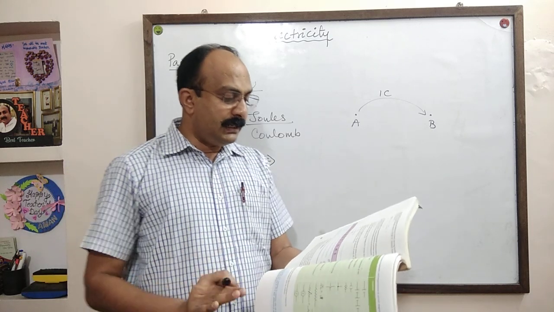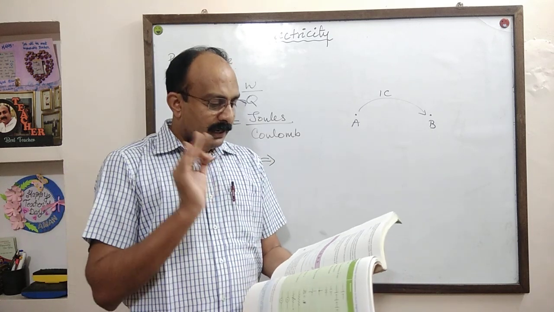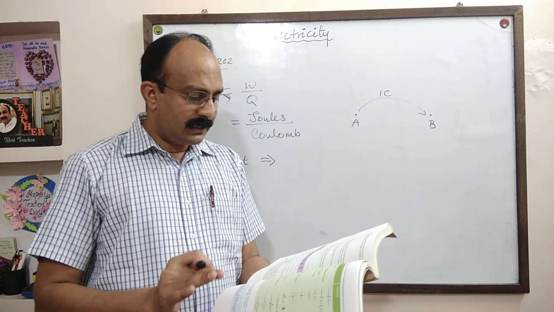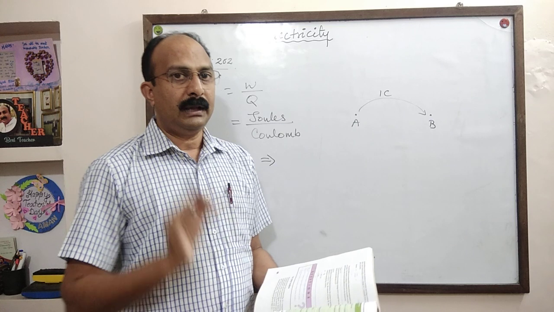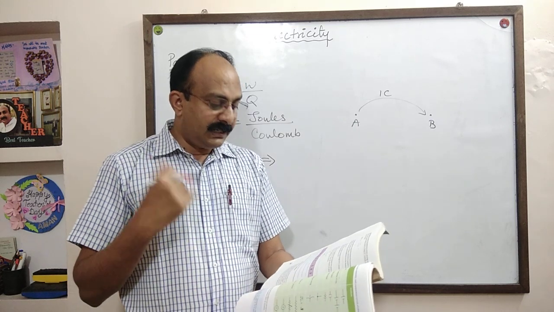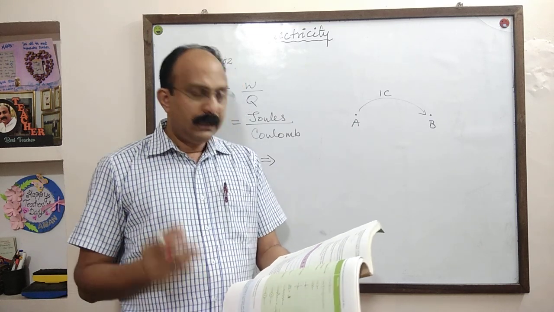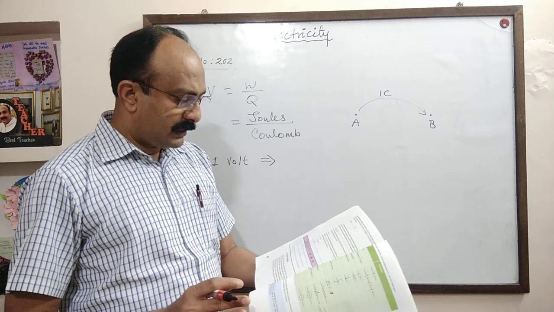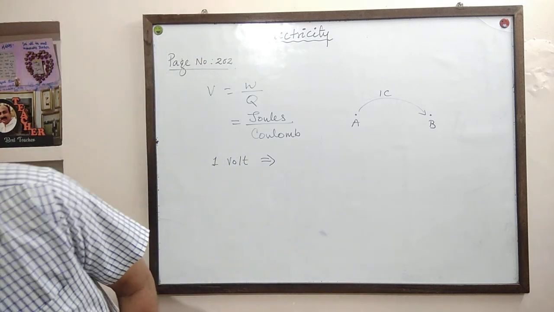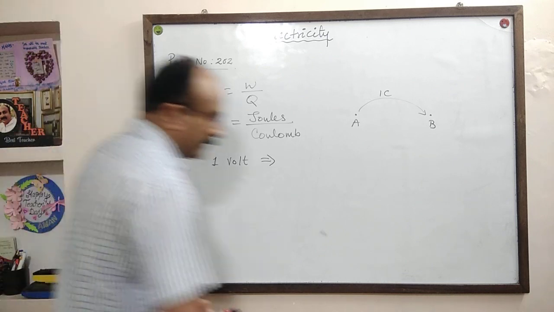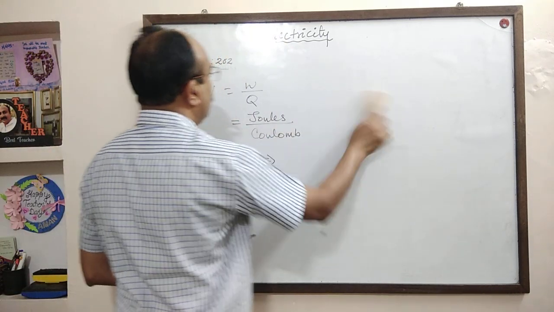How much energy is given to each coulomb of charge passing through a 6 volt battery? I repeat the question. You are asked to calculate the energy for what?